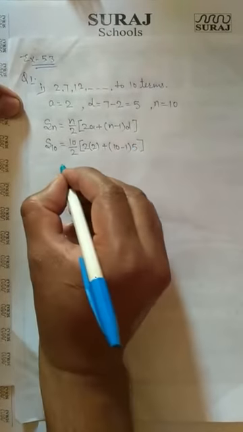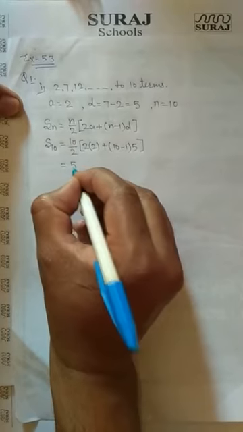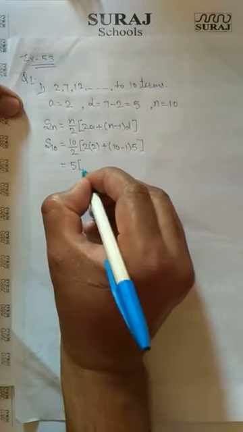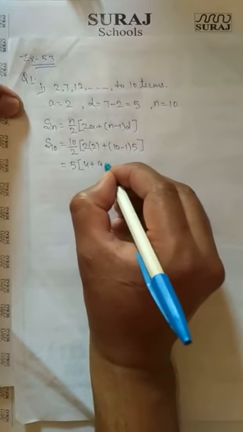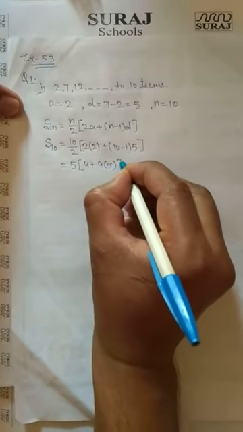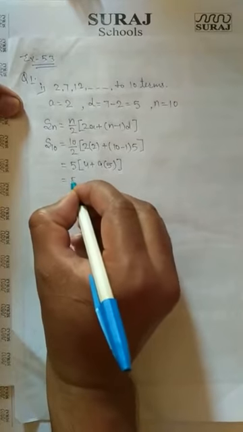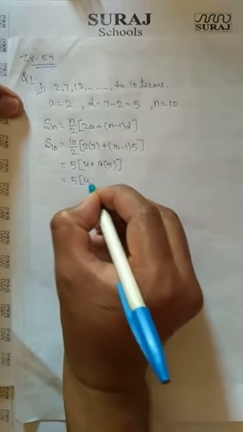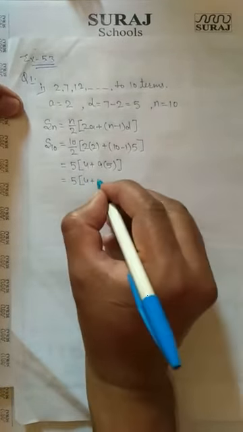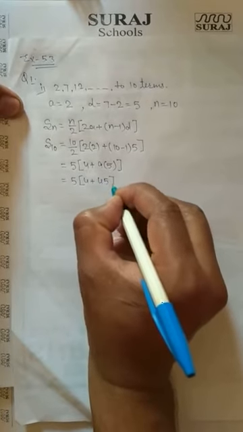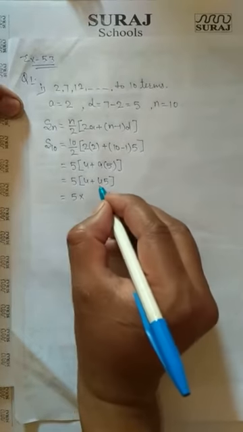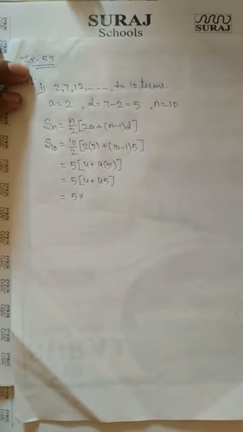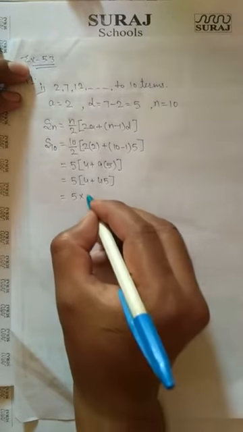Okay students, solve it. 2 fives are 10. 2 twos are 4 plus 9 into 5. 5 in bracket 4 plus 9 fives are 45, and that becomes 5 into 4 plus 45, that becomes 49.